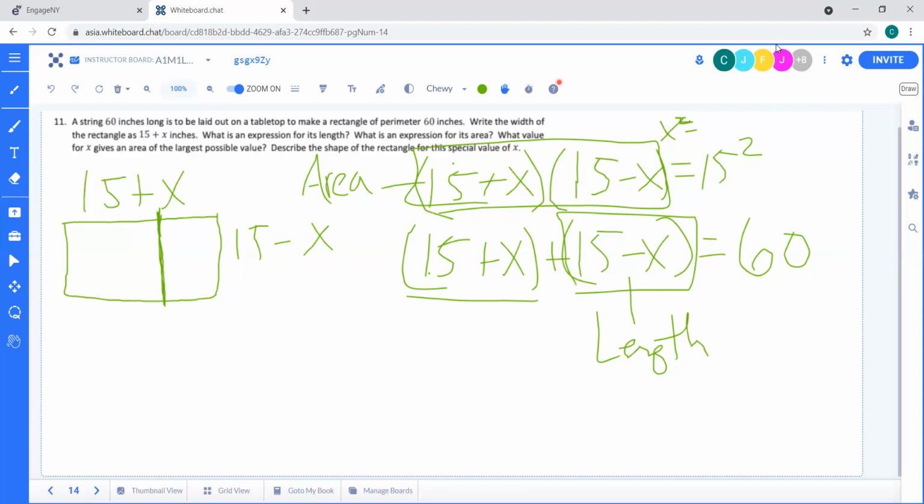Well, if we take out this x here and we make it 0, we have a 15 by 15. Because here it's going to have to be subtracted, and that's not going to help us out any. So 15 squared is probably going to be the biggest you're going to be able to get it. It'll be a square.